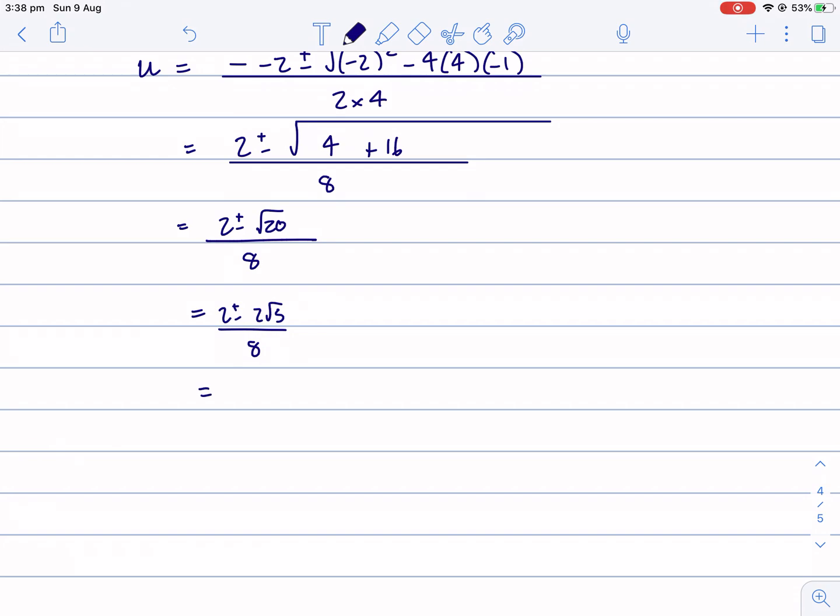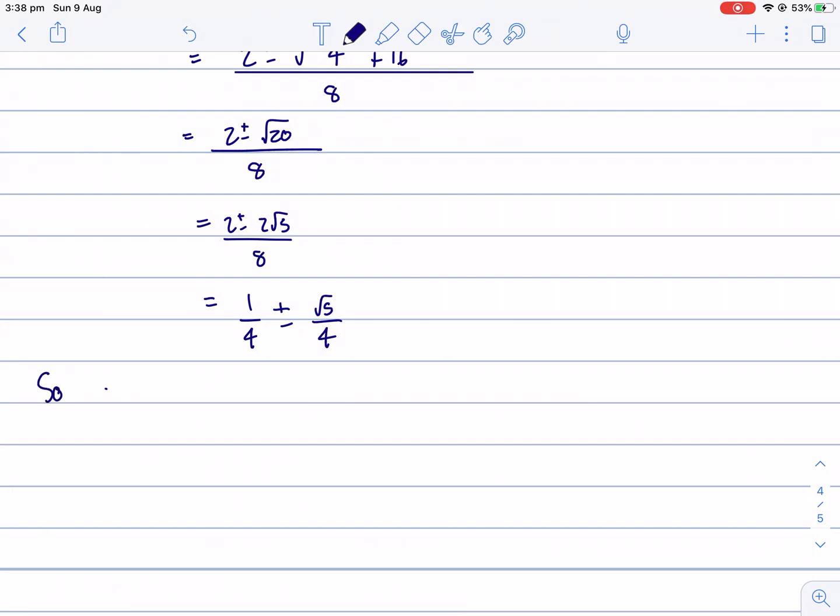So I've got 1/4 plus minus root 5 on 4. So u equals 1/4 plus root 5 on 4, and u equals 1/4 minus root 5 on 4.